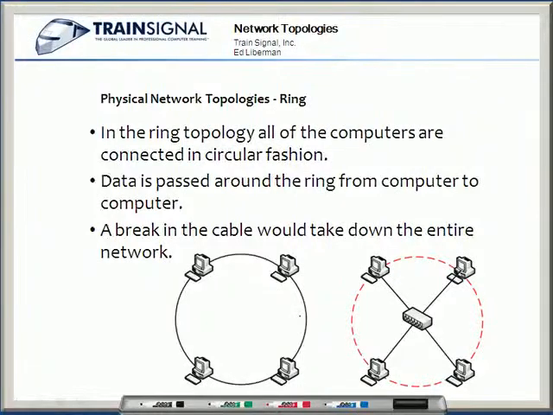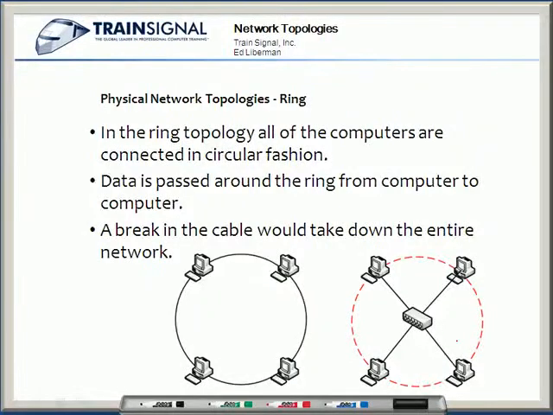It actually uses somewhat of a physical star topology while working logically in a ring-like fashion. So what I have drawn here is a hub, and actually it's not even called a hub, it's called a multi-station access unit, or a MAU.